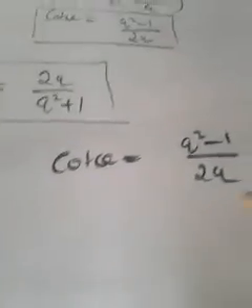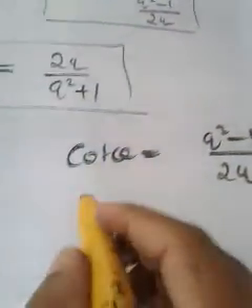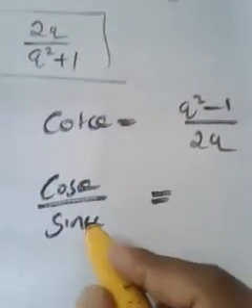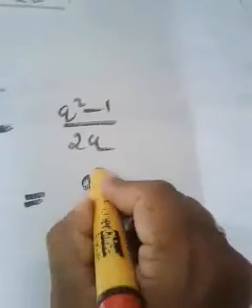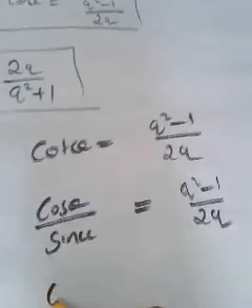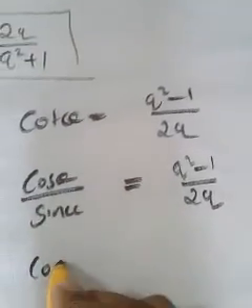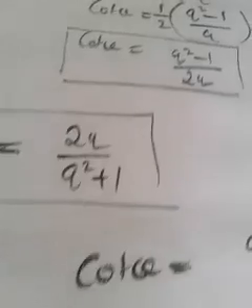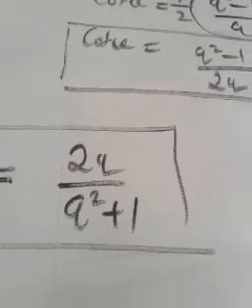Okay, so cot theta is equal to q square minus 1 by 2q. And can you write cot theta as cos theta by sin theta? Yes, of course. So replace cot theta by cos theta by sin theta. It will be q square minus 1 by 2q. We don't know the value of cos theta, divided by sin theta, which we have, 2q by q square plus 1.